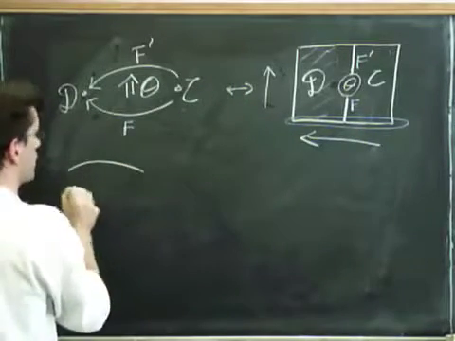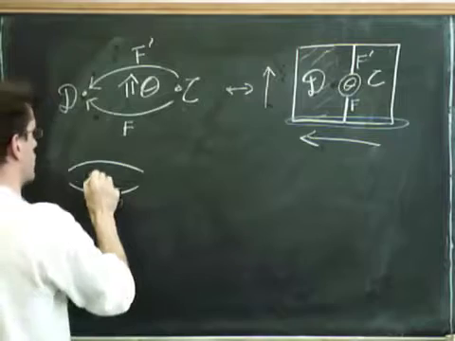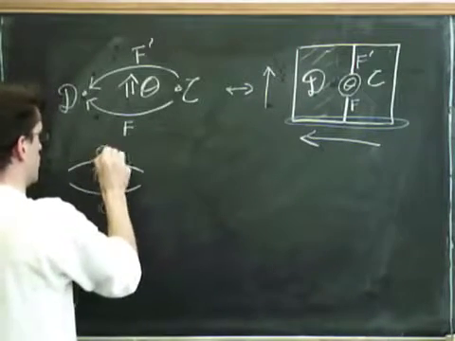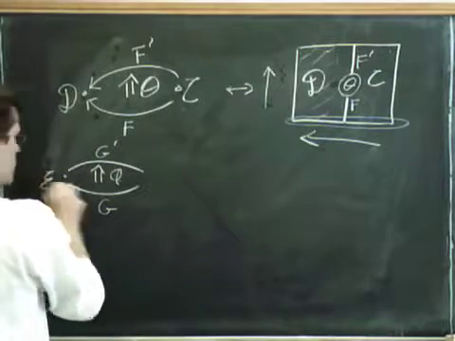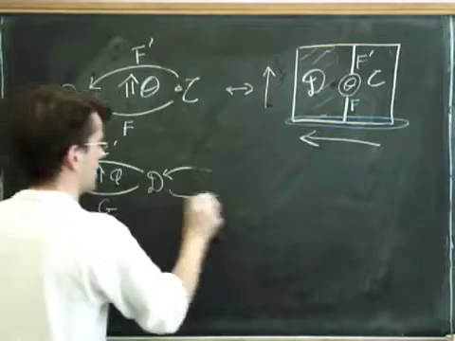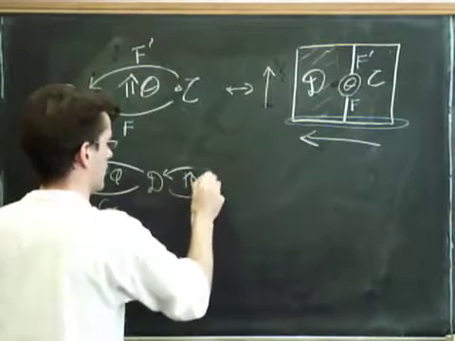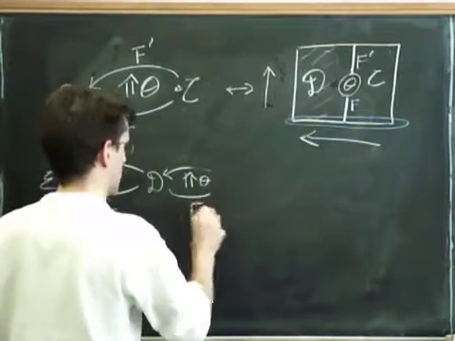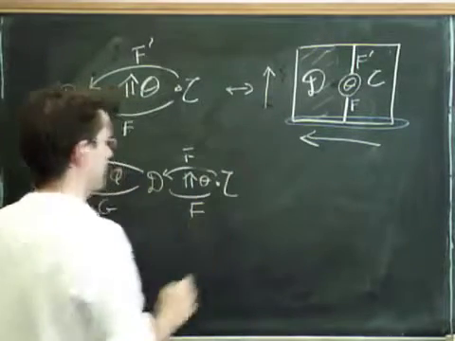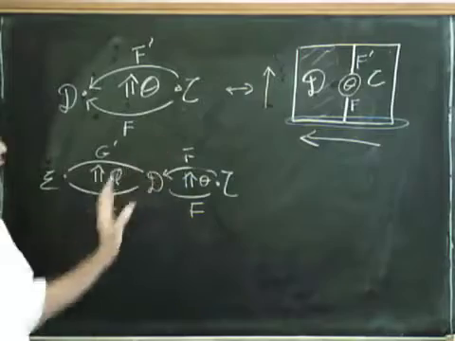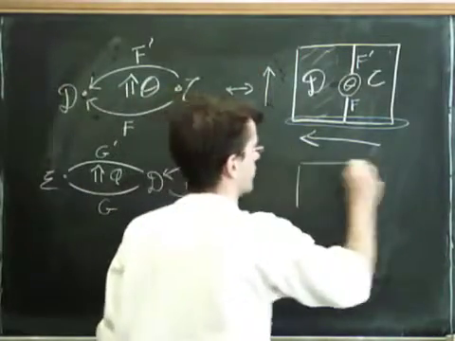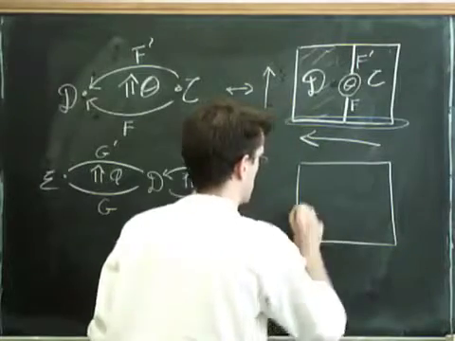So if we have natural transformation phi from G to G primed, and this is going from D to E, and we have theta going from F to F primed, and we have a C here, then we just draw this by gluing the two pictures together. So that's going to correspond to a picture in string diagram language.